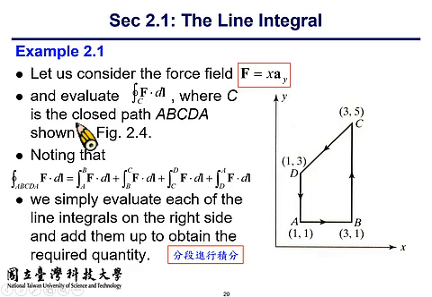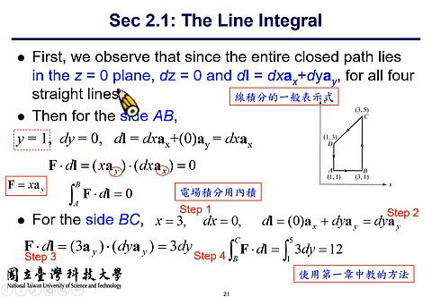In this equation there is a circle over here, so do remember to put the circle to indicate that you are doing a closed loop line integral. Okay, so let's see how we perform this integration.